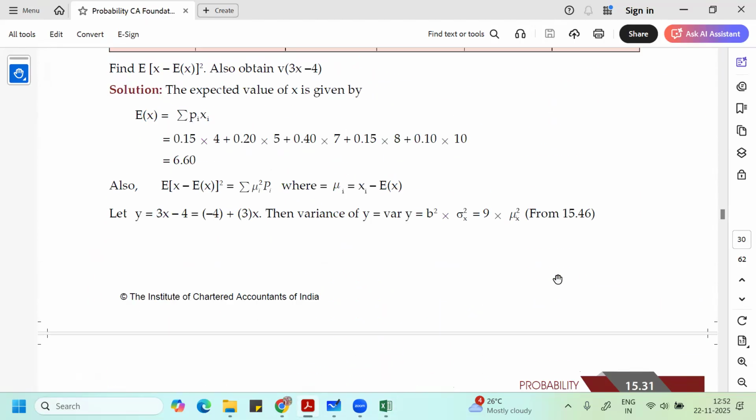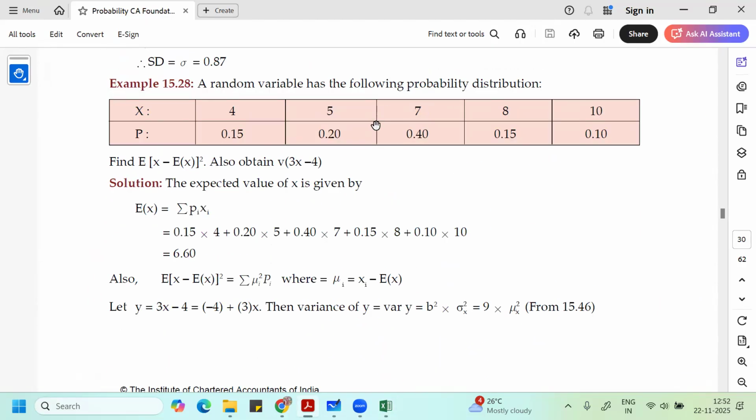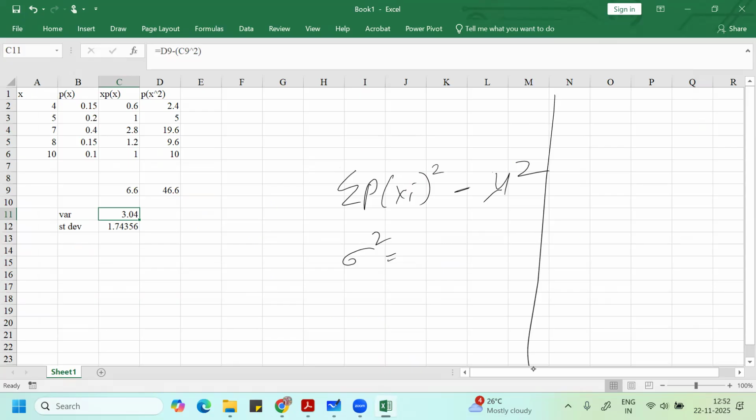And then they're also asking you to obtain the variance of 3x minus 4. So let y is equal to 3x minus 4. What is the b value attached to x? That is 3.